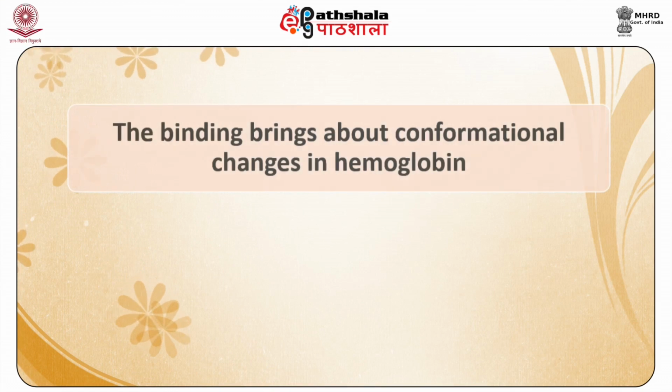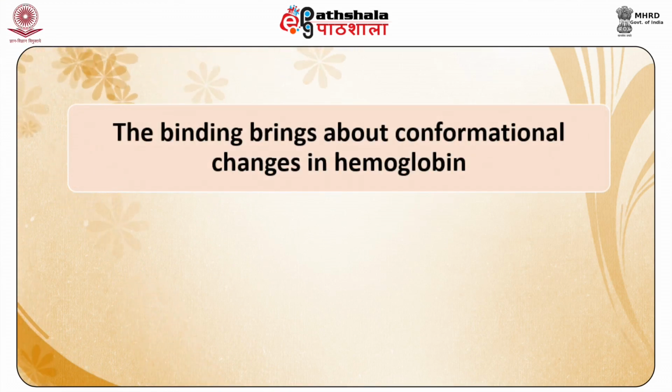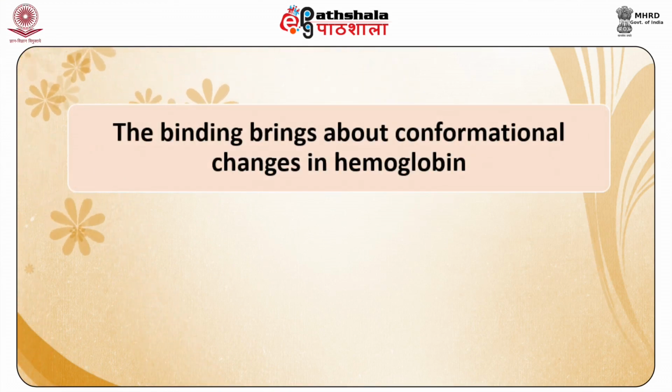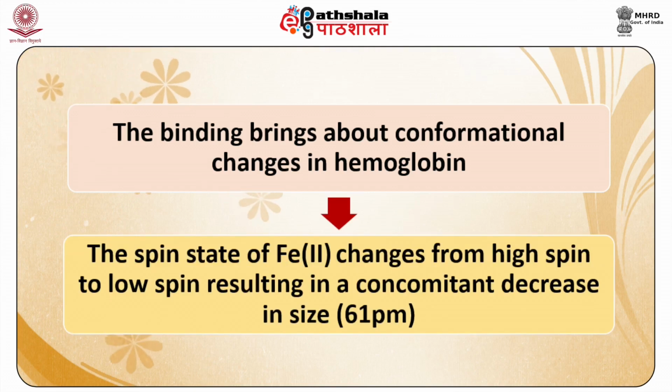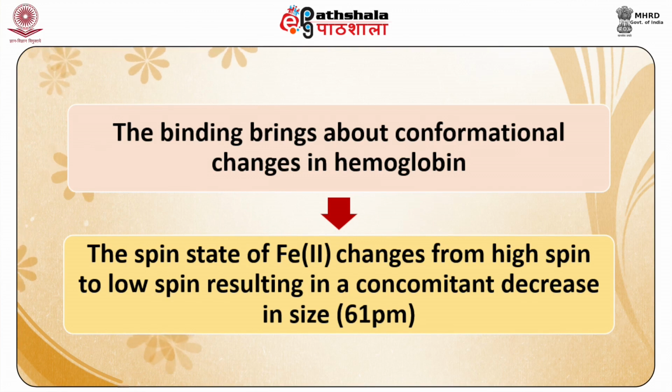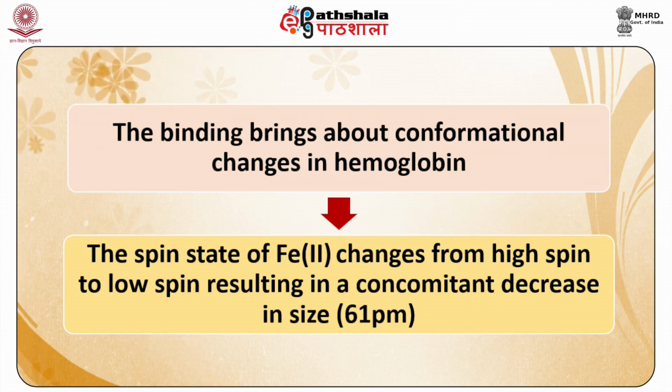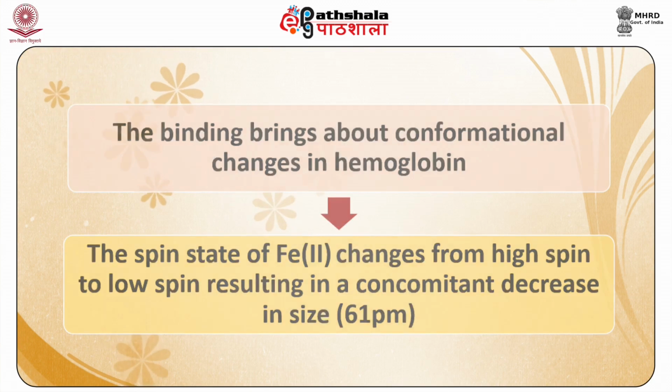A dioxygen molecule binds reversibly to ferrous with an iron-oxygen-oxygen bond angle of 120 degrees. This binding brings about conformational changes in the hemoglobin. The spin state of ferrous changes from high spin to low spin, resulting in a concomitant decrease in the size of ferrous to 61 picometer.